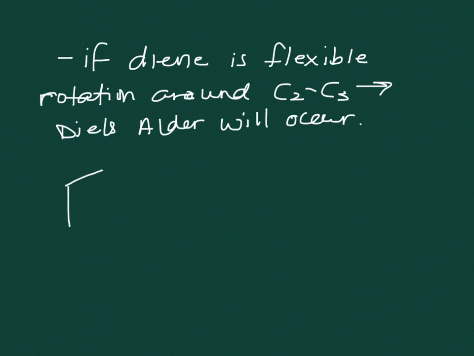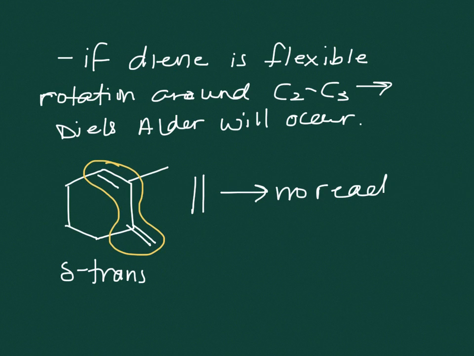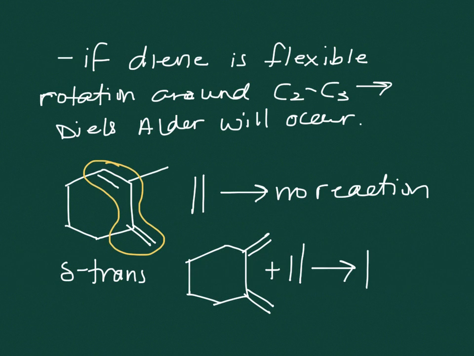So let's look at a case where it is not flexible and in the S-trans conformation. So here I have an S-trans diene. And I add my dienophile, and there is no reaction. However, if I have the S-cis conformation, and I add my dienophile, I can have product formation.